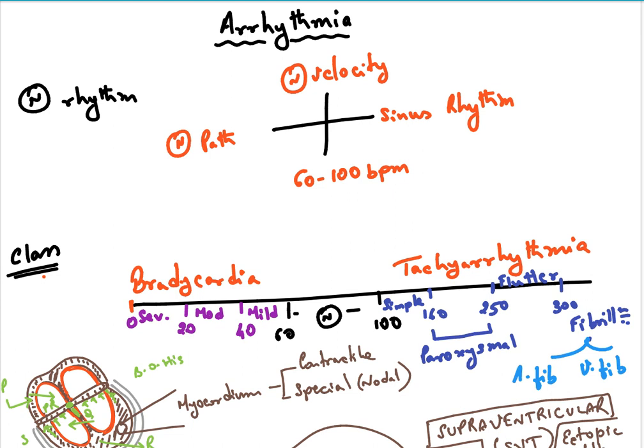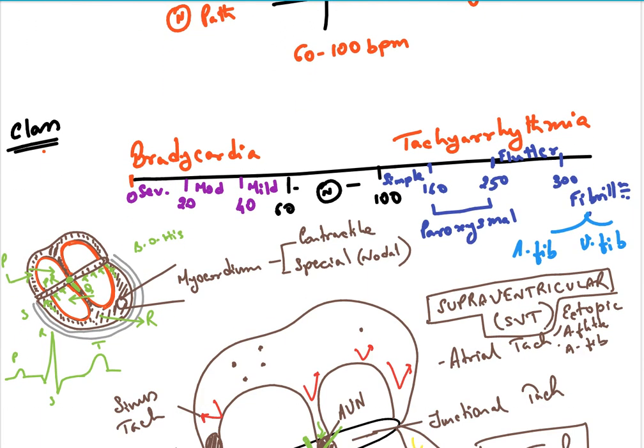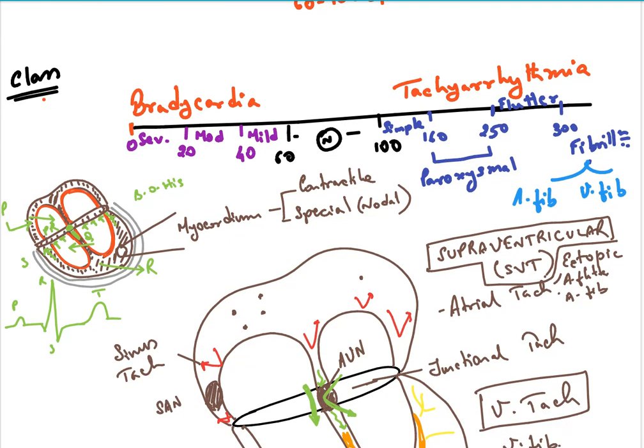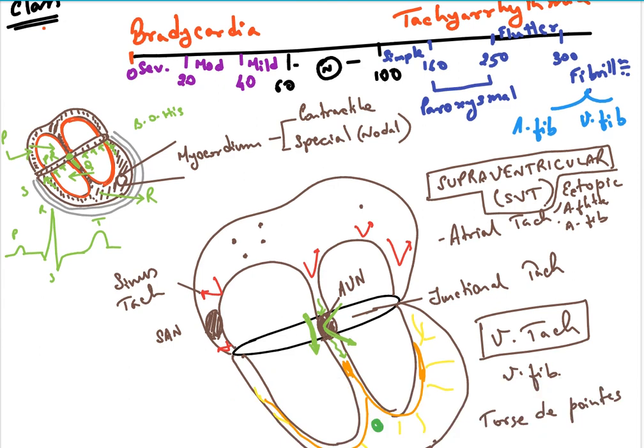And the next thing is that the path should be normal. So what do you mean by the path? See, this is the path in the left hand side picture. If you look at the bottom picture, you will see that in our heart there are two kinds of tissues present.